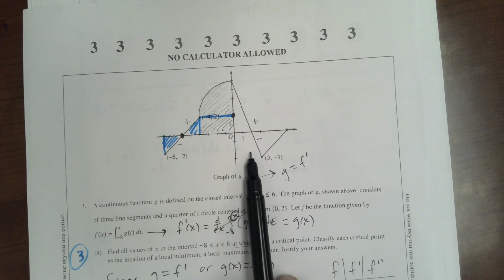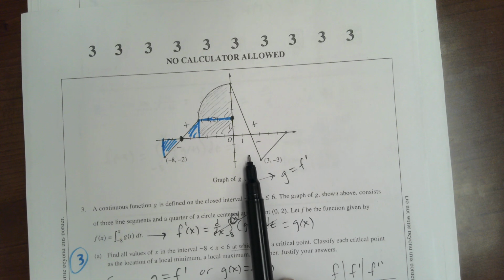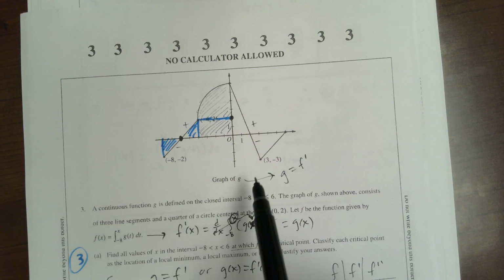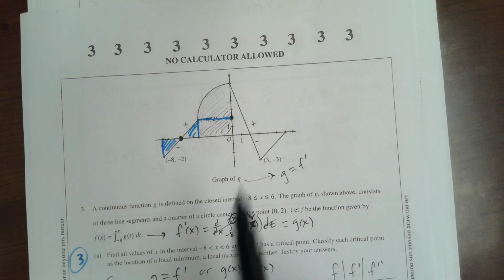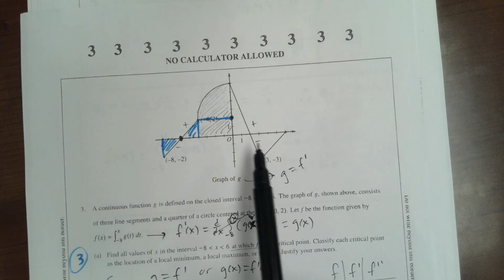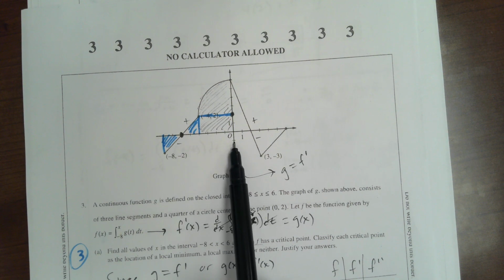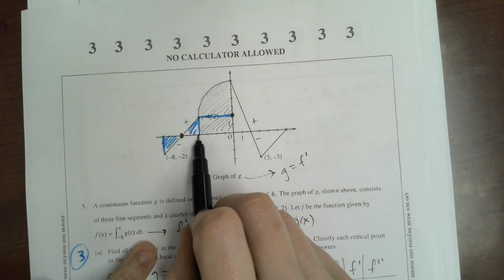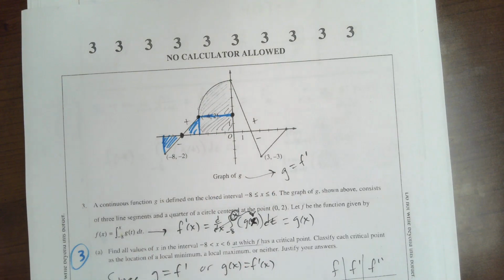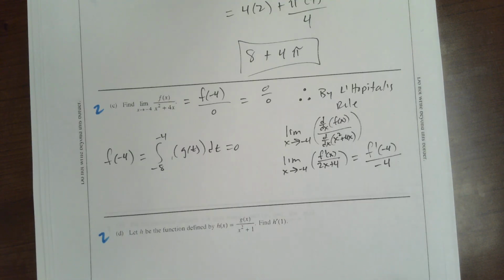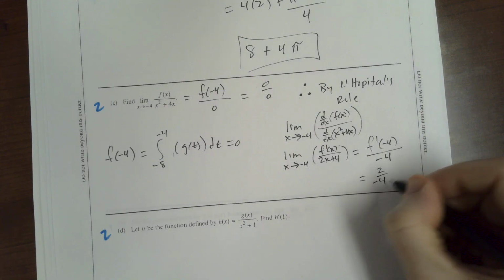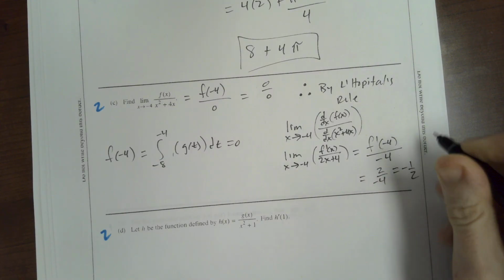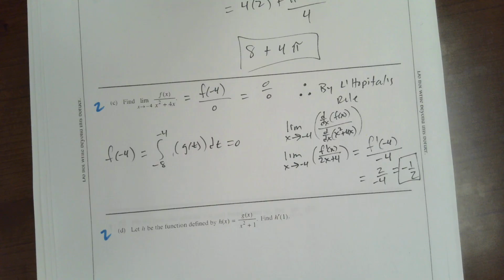So f prime of negative 4 is the y value on this graph. I go to negative 4 on the graph, and the y value is 2. So this is equal to 2 over negative 4, which is negative 1/2.